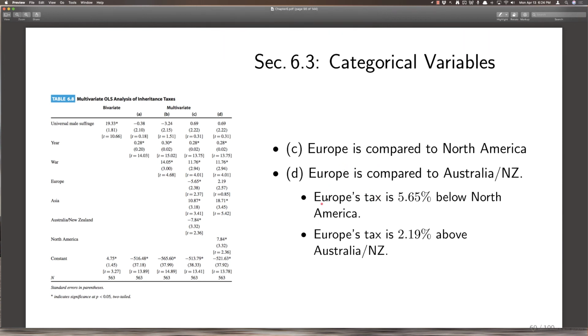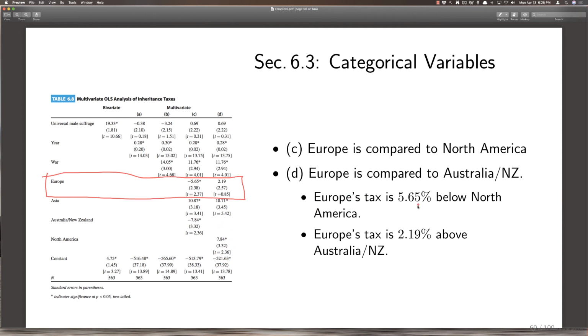Here I'm just giving you a reminder of how you interpret these. So Europe is compared to North America in C, and Europe is compared to Australia, New Zealand in D. So let's look at Europe here. These coefficients look different, but remember, the constant here is the average for North America, and this is the average for New Zealand here.